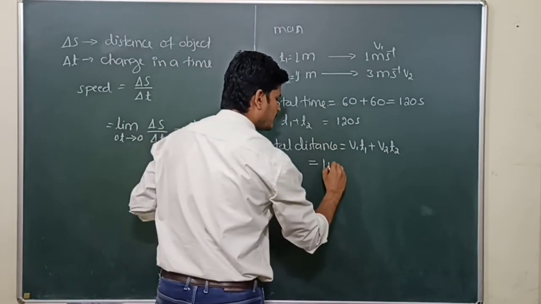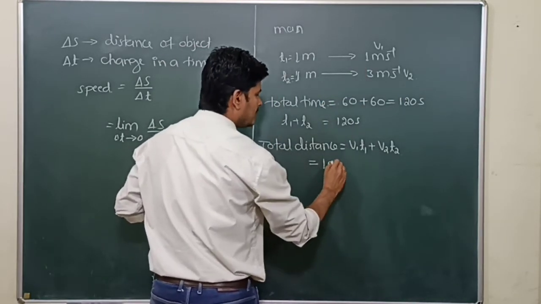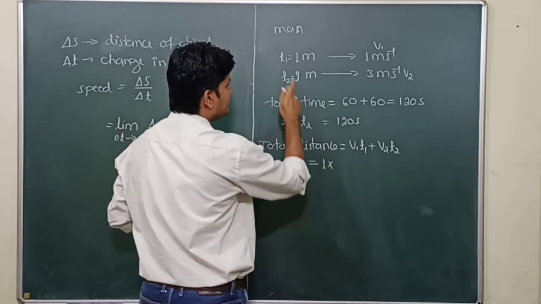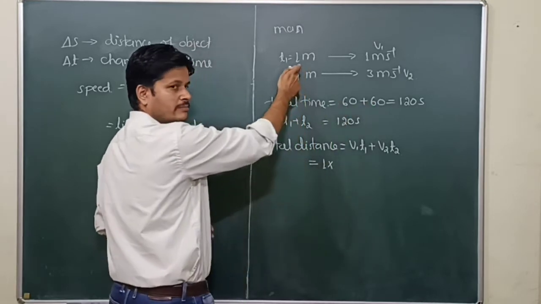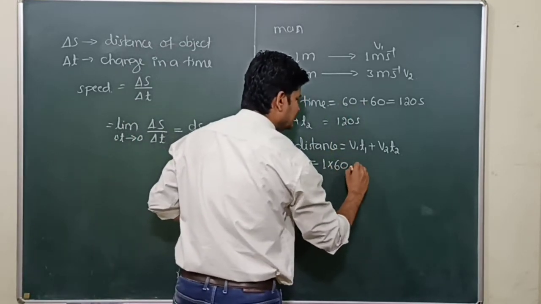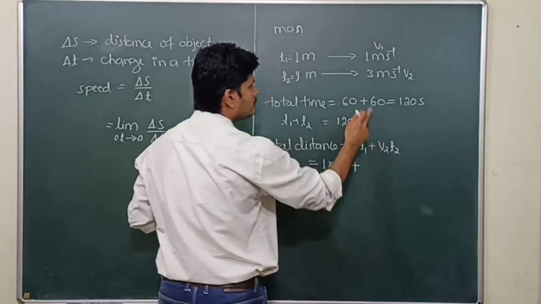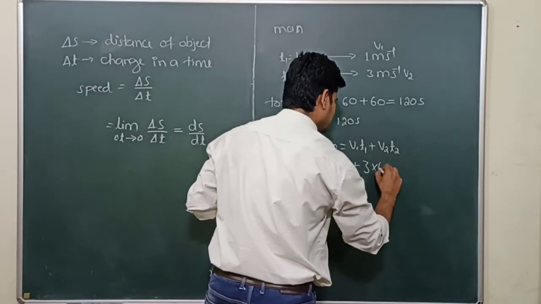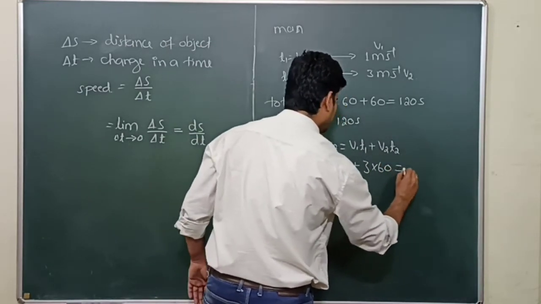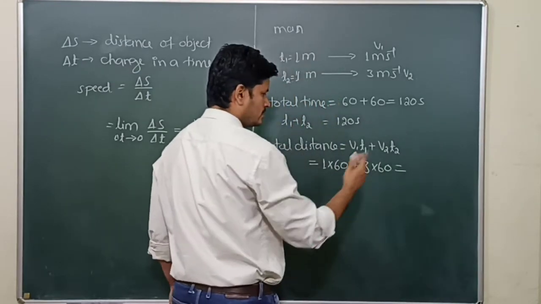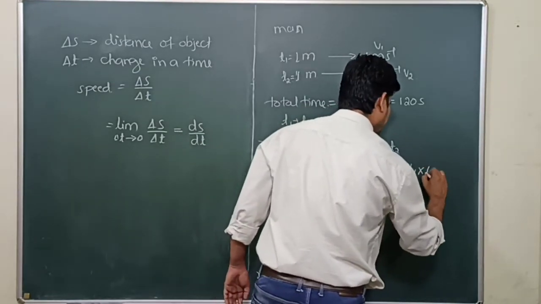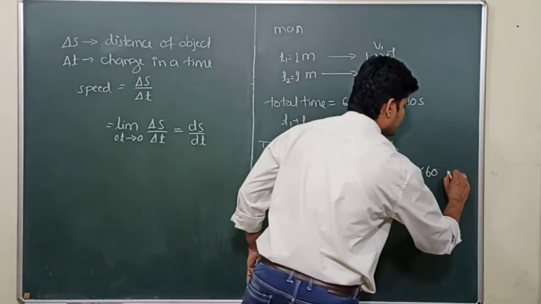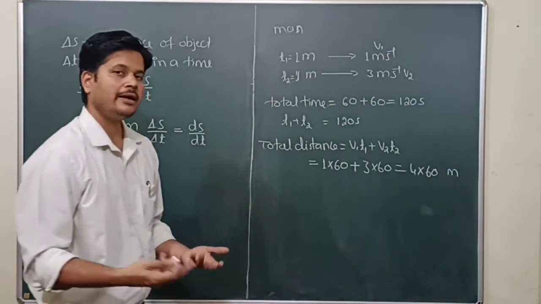V1 is 1 meter per second into 60 seconds, plus V2 is 3 into 60, which gives, taking 60 common, 4 into 60 meter.